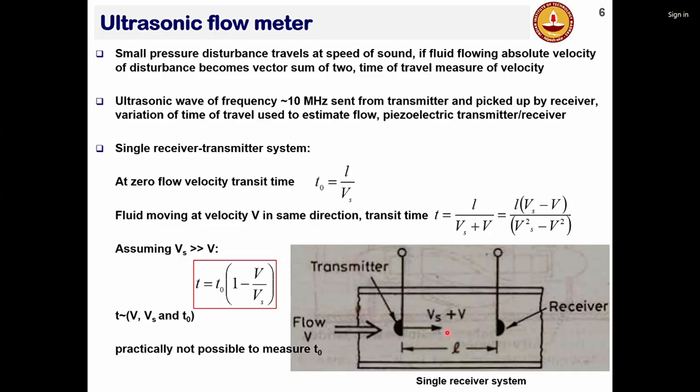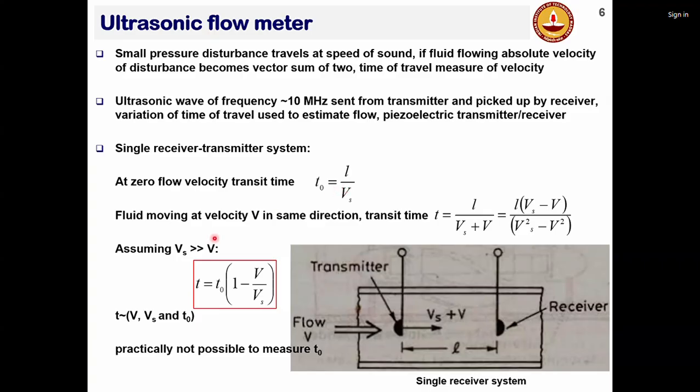So we can say that when there is no flow, when V is 0, the time that the sound wave takes to reach the receiver from the transmitter is simply L divided by the velocity of sound, right?